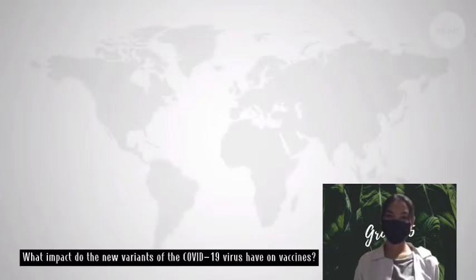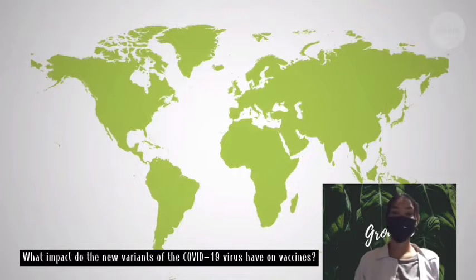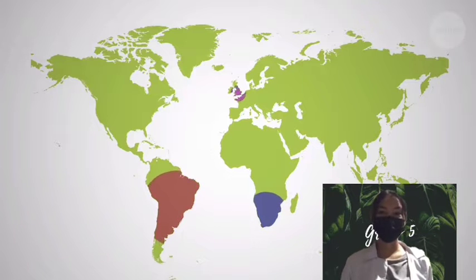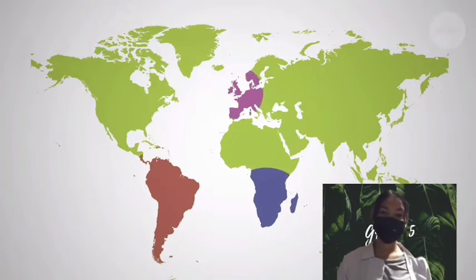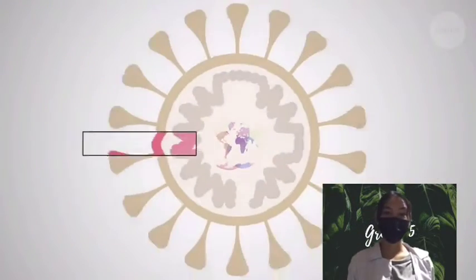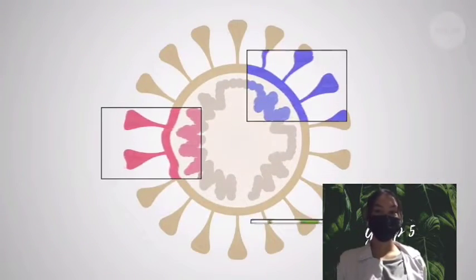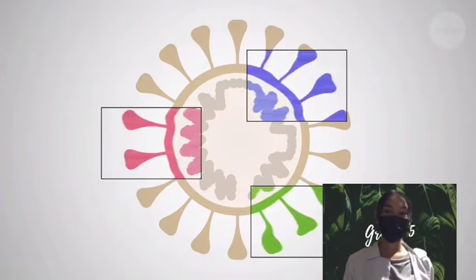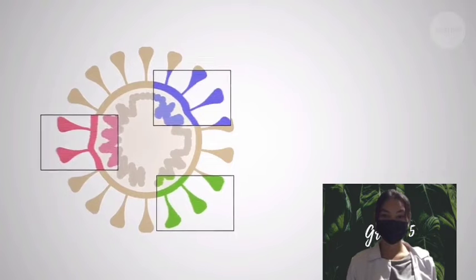What effect do variants of the COVID-19 virus have on vaccines? The COVID-19 vaccines that are currently in development or have been approved are expected to provide at least some protection against the new virus variants, because these vaccines elicit a broad immune response involving a range of antibodies.